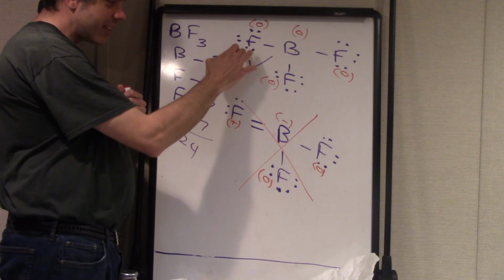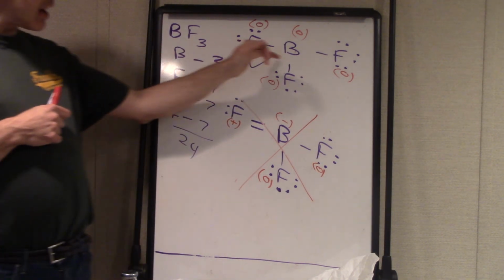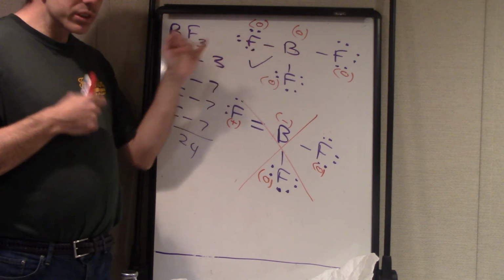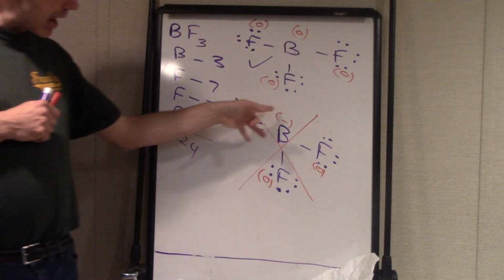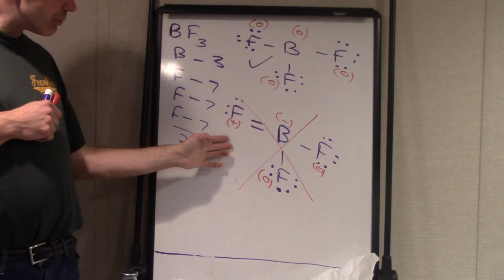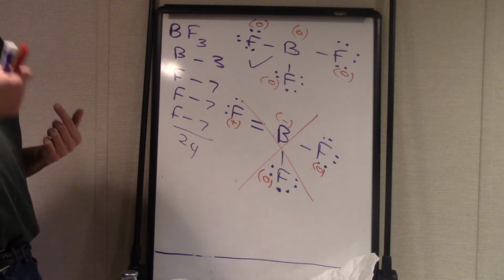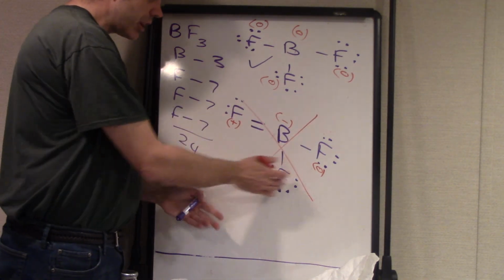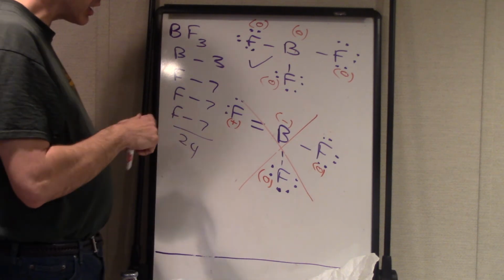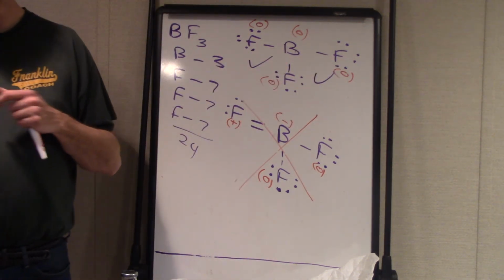No. There's no absolute necessity to have that octet on boron, so fluorine's going to keep these. And the fact that we have formal charge, as well as the formal charge does not match up with our electronegativity, basically says no way are we going to have that bottom structure. Instead, we're going to have this top structure.